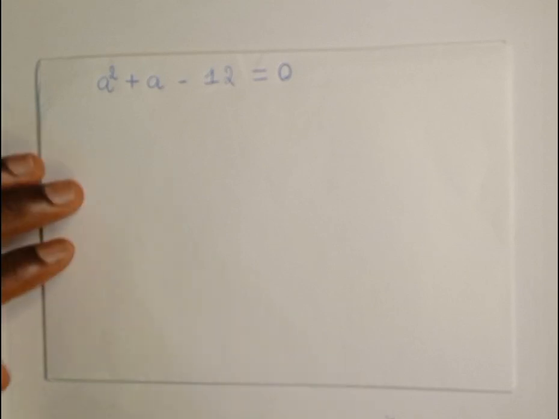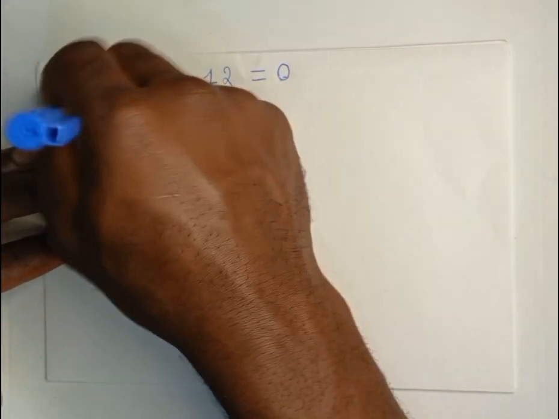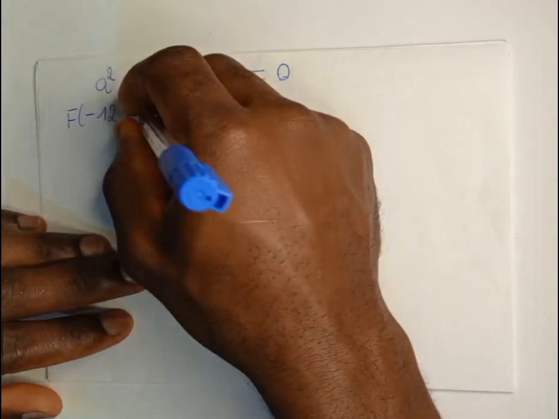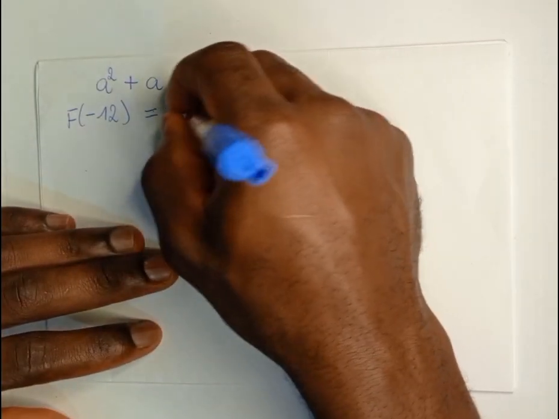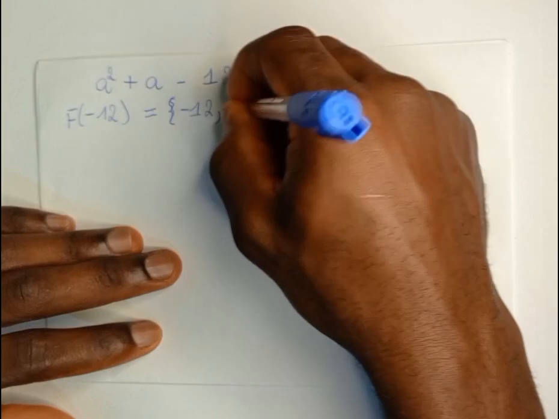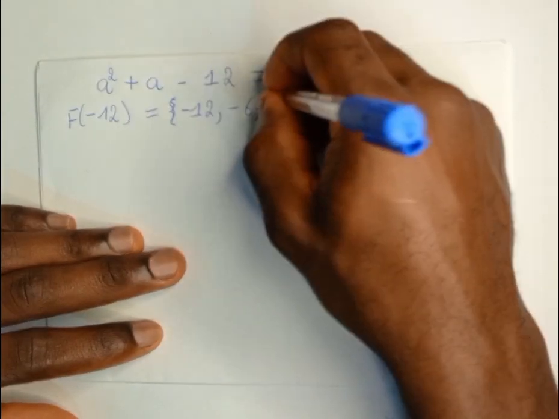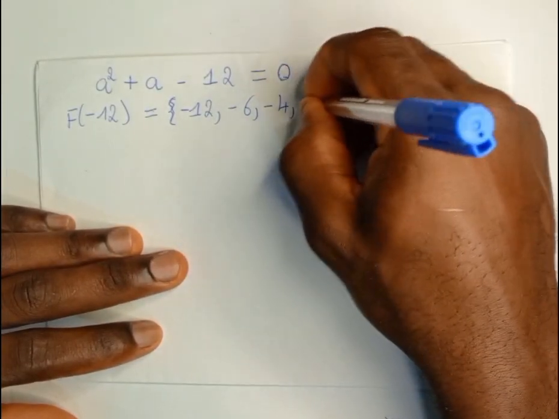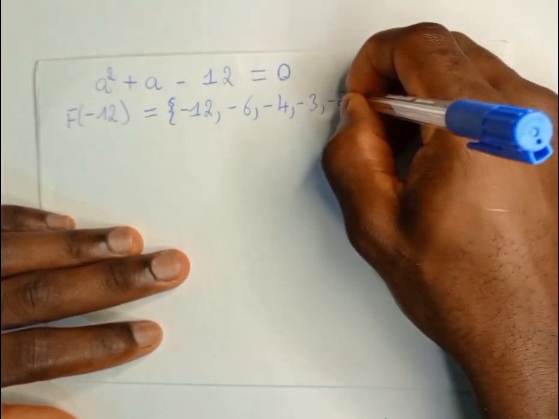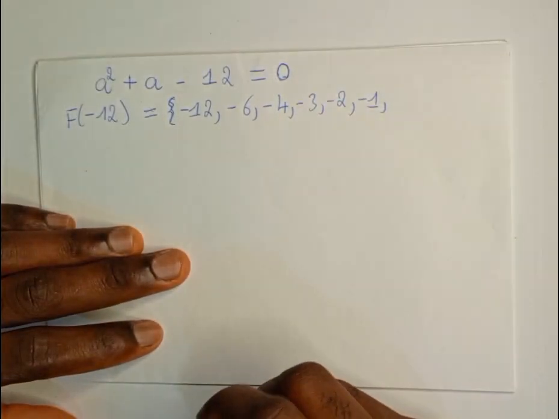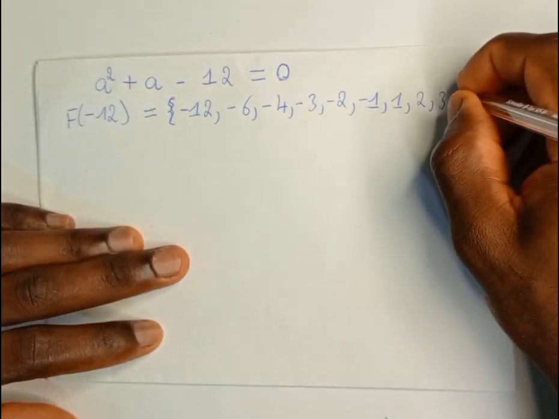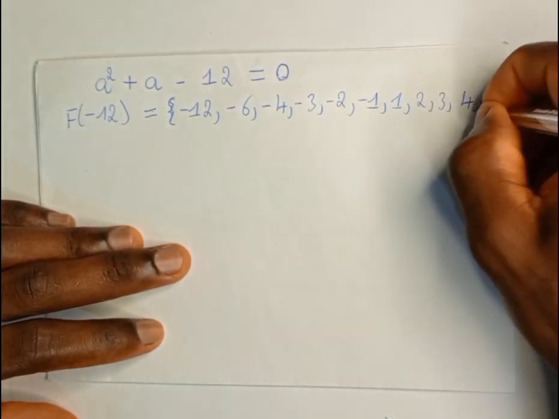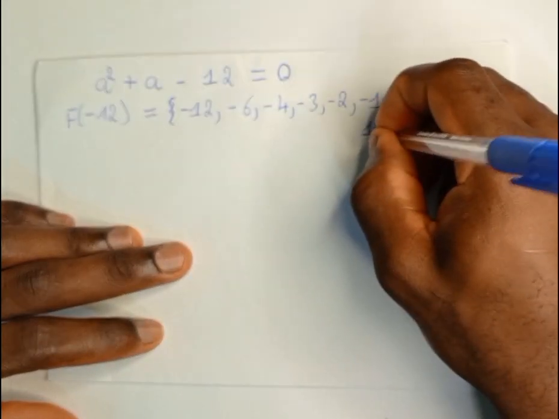factorization. First thing, we are going to start by writing out the factors of the number negative 12. F of negative 12 is equal to, this is a set, we have negative 12, negative 6, negative 4, negative 3, negative 2, negative 1. We have the positive factors 1, 2, 3, 4, 6, and lastly 12.